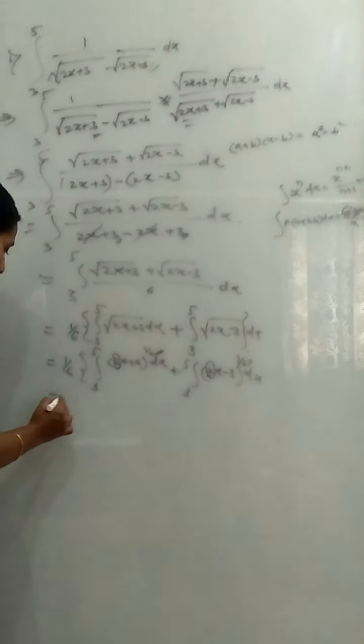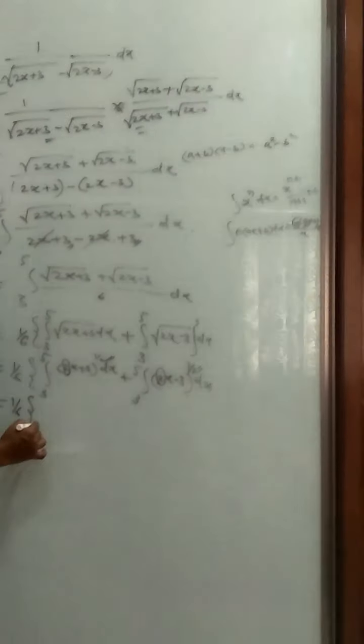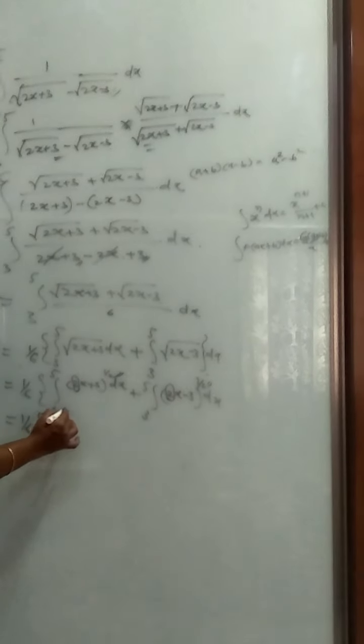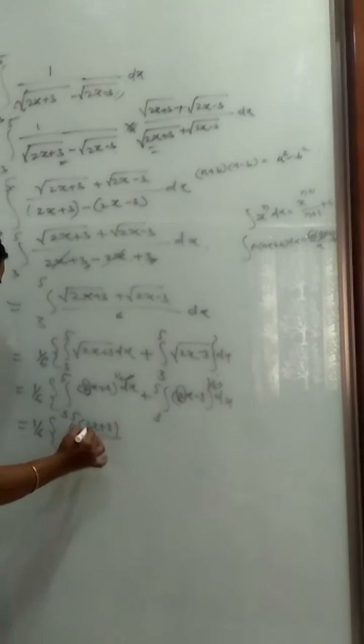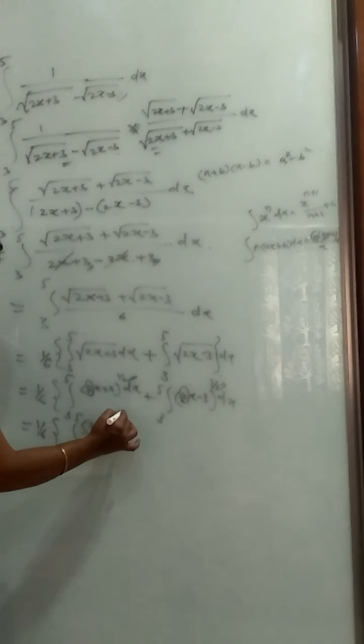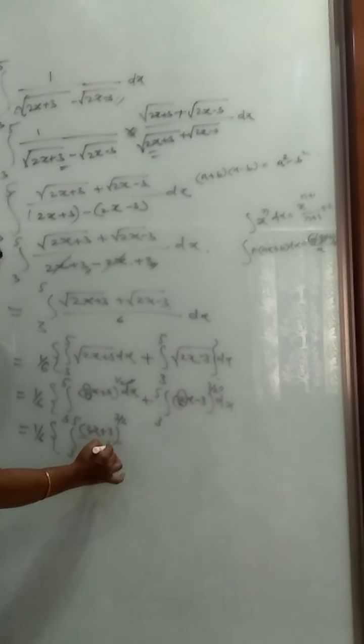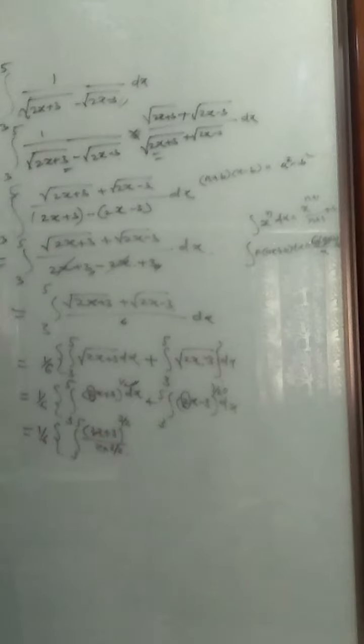Therefore n plus 1 is 3 by 2, and our integral becomes, from 3 to 5, (2x plus 3) divided by 2, the value of a, raised to 3 by 2, divided by 3 by 2.